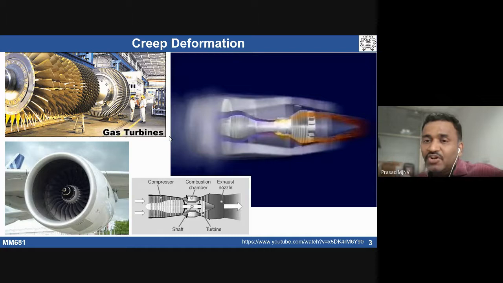That's where we are talking about creep deformation. The metallic components will experience a significant amount of temperature, and we do see the material undergoing some kind of creep deformation. So is it clear about the importance of creep deformation studies?